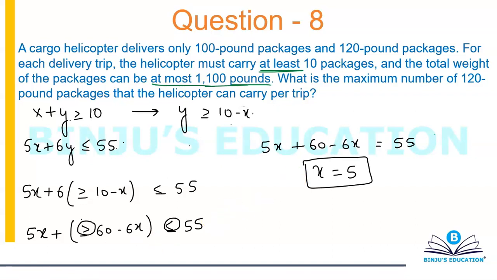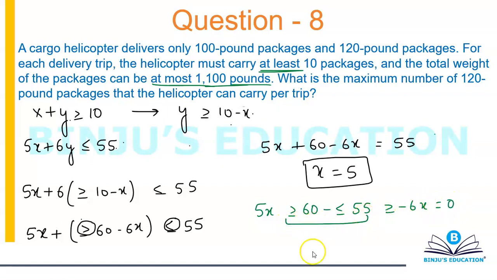And if you go a step further in solving this inequality, then you're going to have 5x greater than or equal to 60, minus less than or equal to 55, and this is going to be greater than or equal to minus 6x. This is equal to 0.